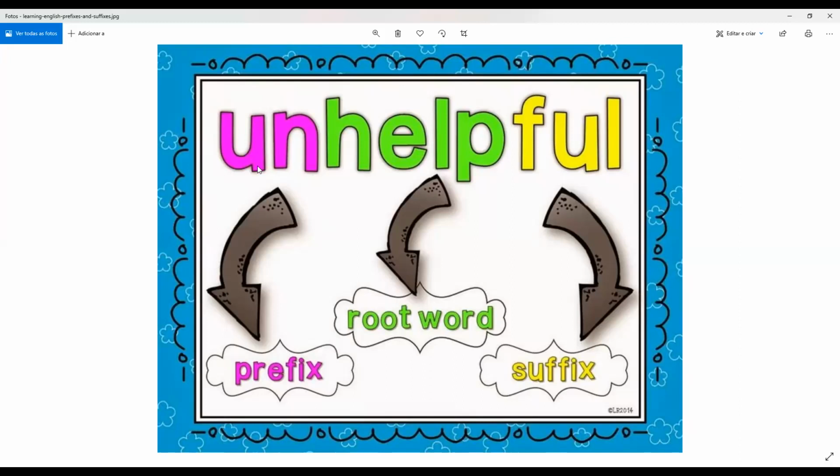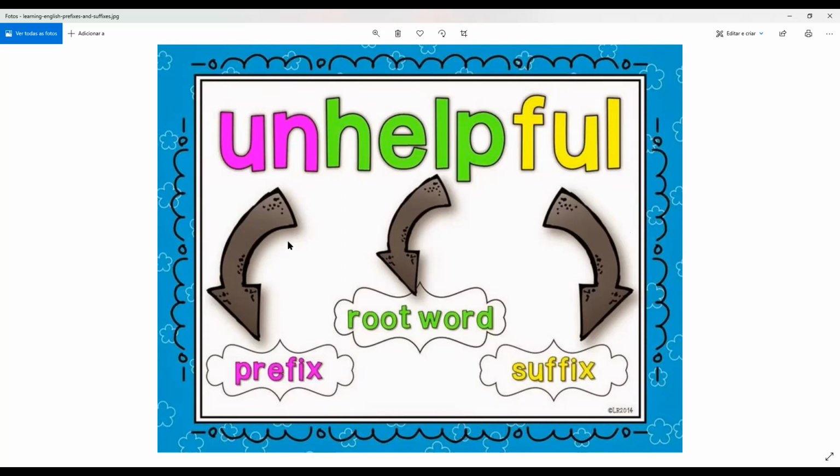When I do this, I change the meaning of the word, okay? The root word that means help, that means help people, aid people, becomes something negative because I use this prefix. Also, it has another group of letters that were added to the end of the word, full. This is called a suffix.